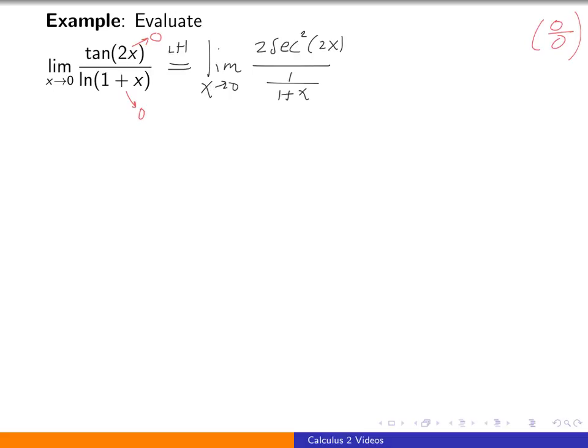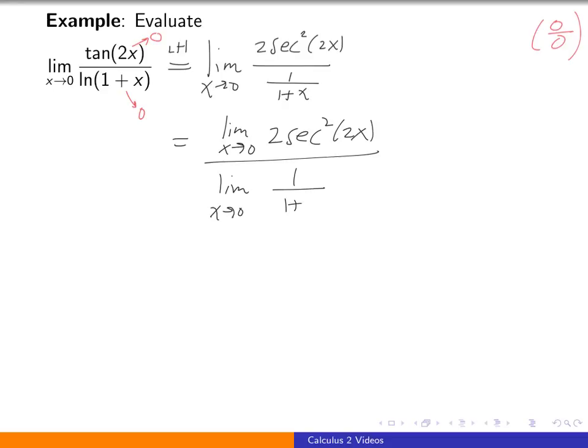At this point, if we think about plugging in x equals 0, we're going to get back something non-zero in the bottom, which tells us that we can go ahead and use our limit laws. That is to say, we can take the limit as x approaches 0 in the top and divide by the limit as x approaches 0 in the bottom.